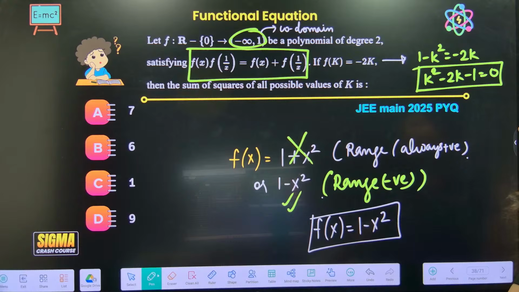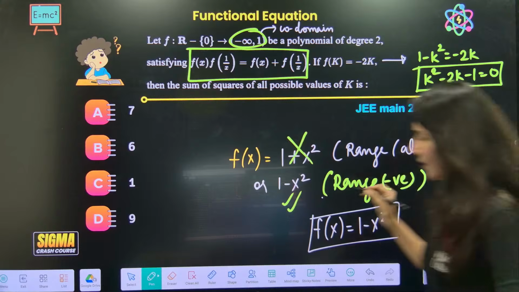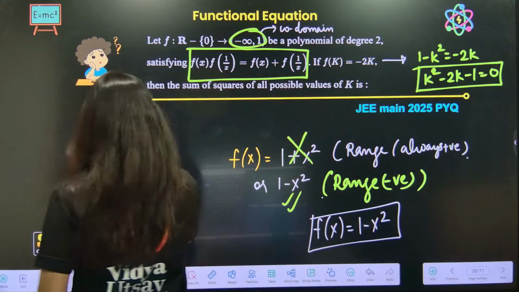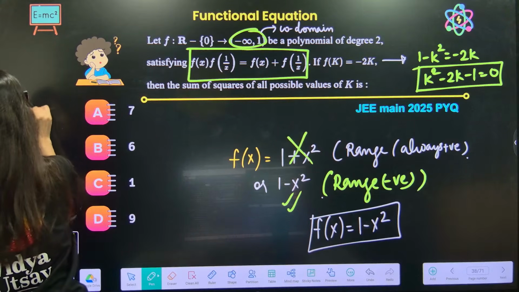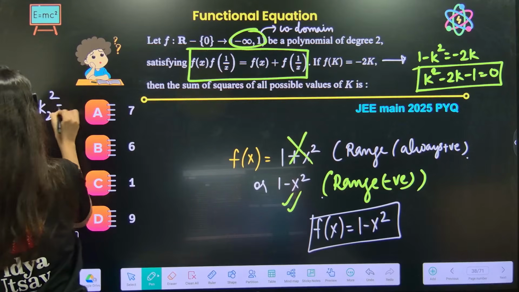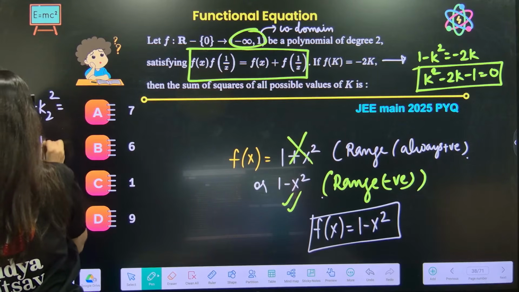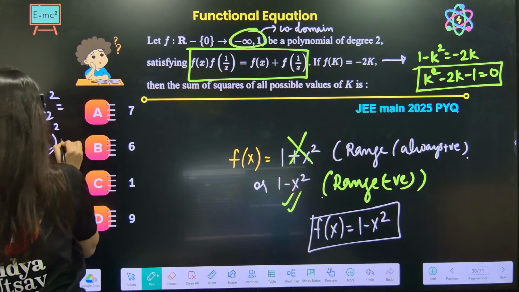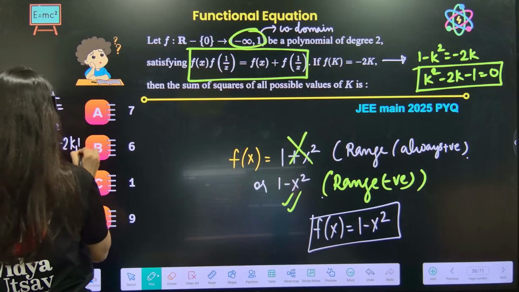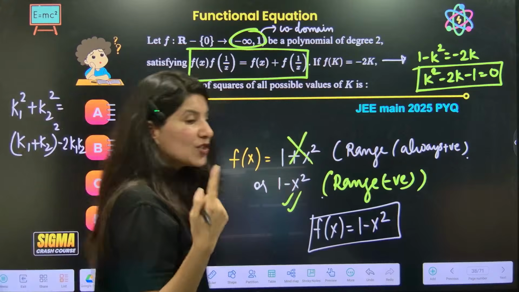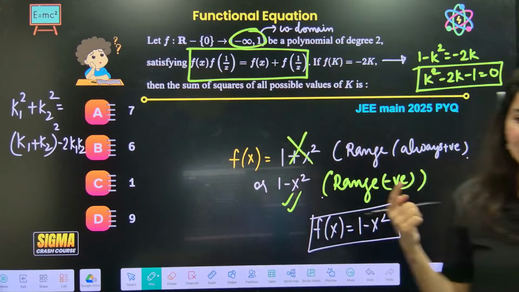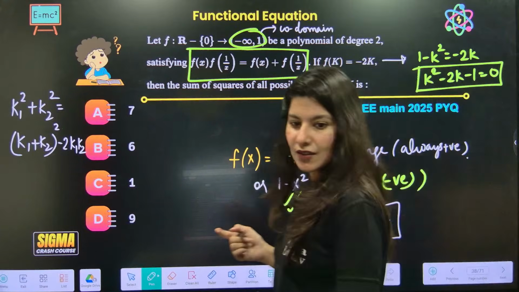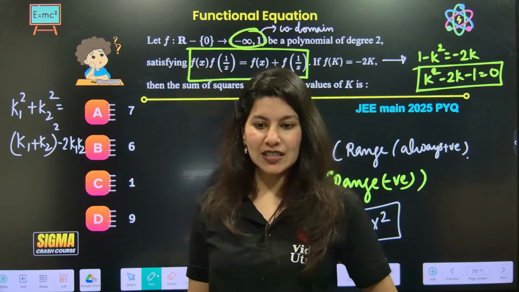Sum of squares of all possible values of k. So they are talking about k1 squared plus k2 squared, which is (k1 plus k2) whole squared minus 2 k1 k2. Remember quadratic equation, sum of roots, product of roots, right?